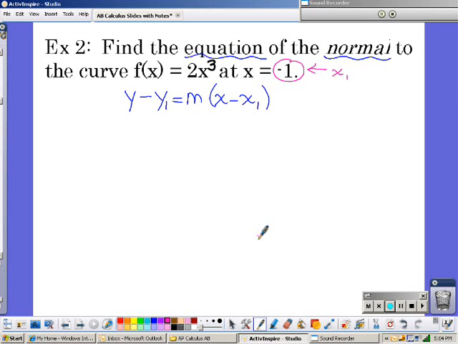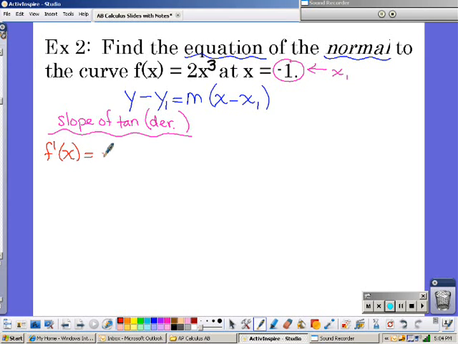But I think first I'm going to find the slope. And we need to start out with the slope of the tangent line. The slope of the tangent is what we find with our derivative. And then we're going to use the slope of this tangent to find the slope of the normal up here. Now we know that slope of tangent is code for derivative, so let's find f prime of x.